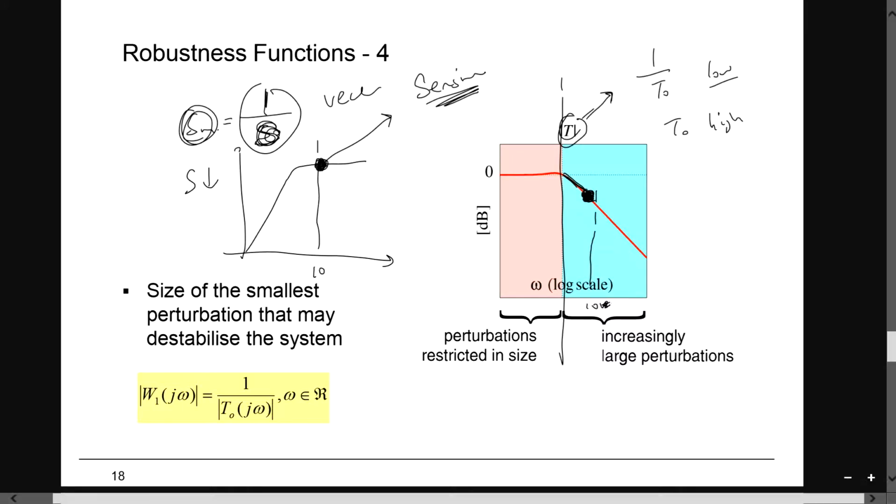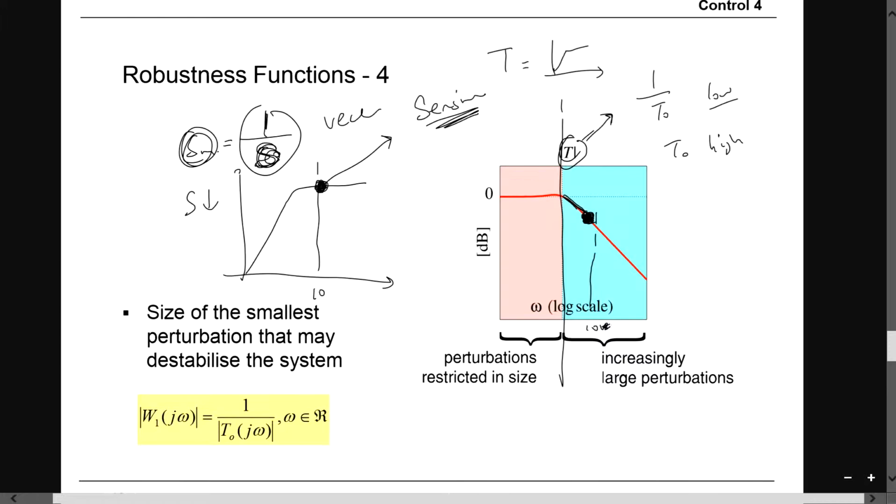You know what? Now I just realized that in fact T is a low pass. It's a low pass system. Therefore this graph is not 1 over T naught, it's simply T naught itself. This is a careless mistake.